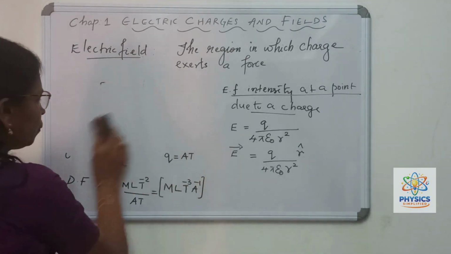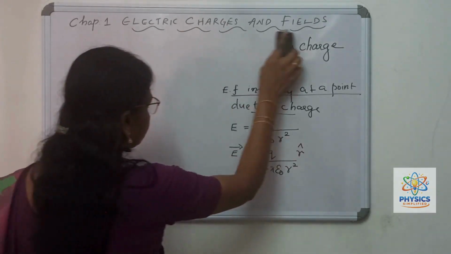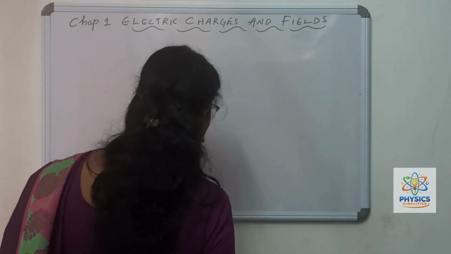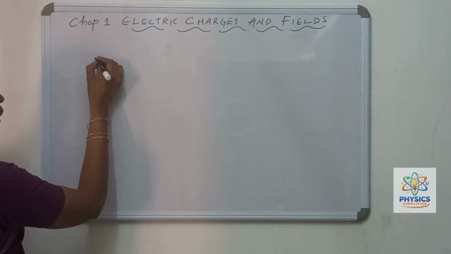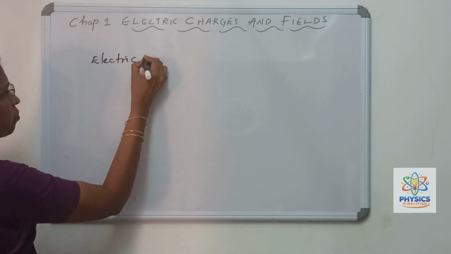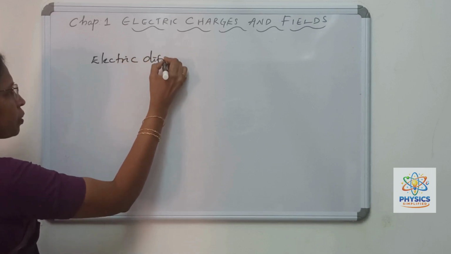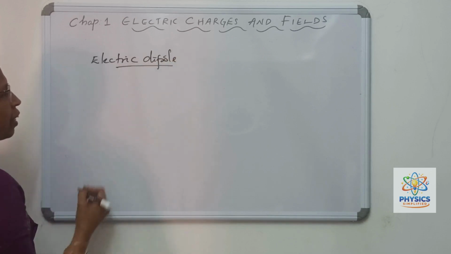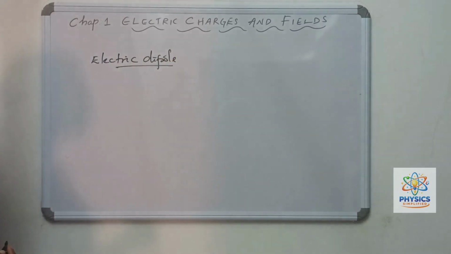So next we have to study what is meant by electric dipole. Electric dipole means two equal and opposite charges separated by a small vector distance.